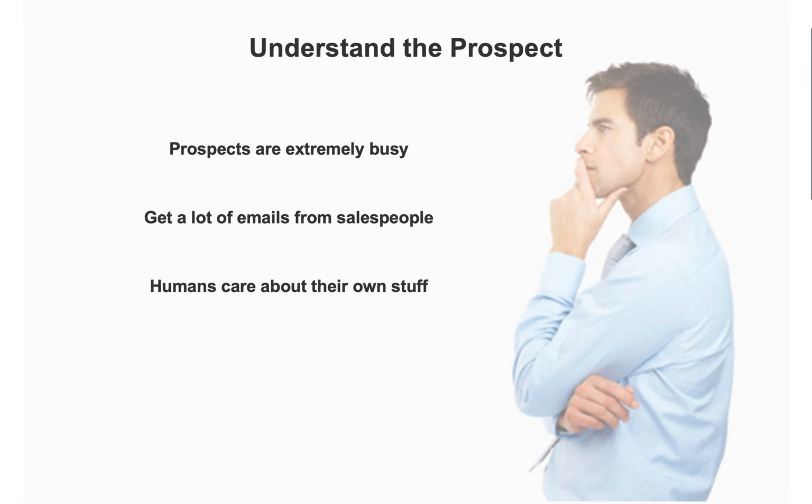I think it's really helpful and important to be aware that humans care about their own stuff. People care about their kids. People care about their own interests. Whether you completely agree with that or only a little bit, apply it to a business person that you're trying to sell to. They care more about their job security, their income, how comfortable their job and work-life balance is, their opportunity for promotion.